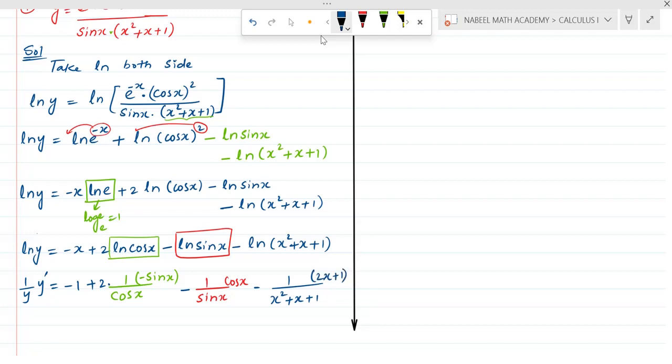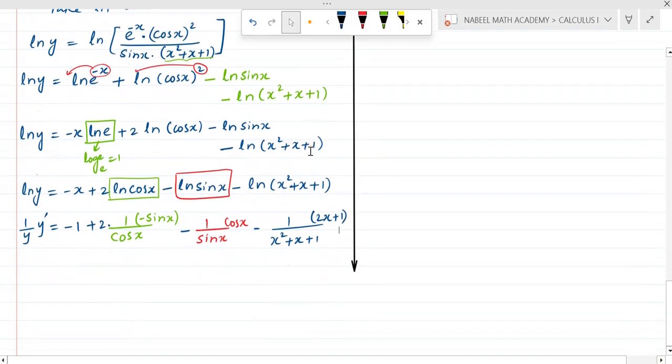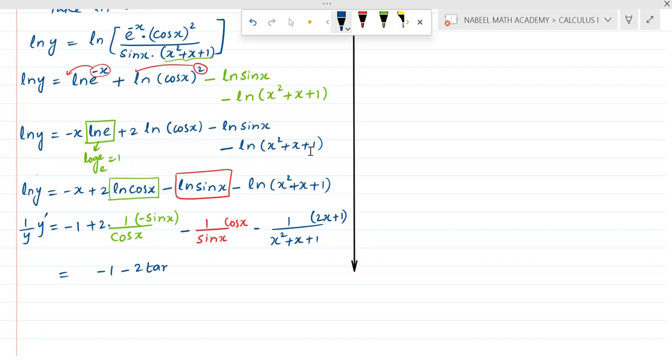Now I write this as 1 over y times y prime equals minus 1, minus 2 times sine over cosine, which is tan, minus cosine over sine, which is cotan, and this cannot be simplified further, minus 2x plus 1 over x square plus x plus 1.